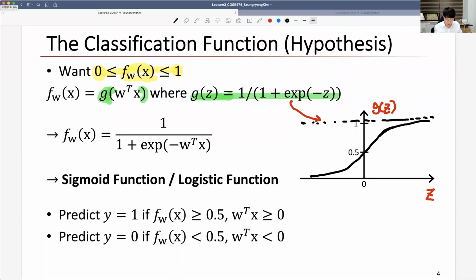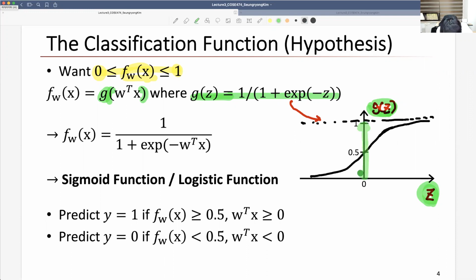Okay, so what does it mean? Whole possible values can be the z value here, but by using this mapping function, we can normalize this z to some predefined space, 0 and 1.